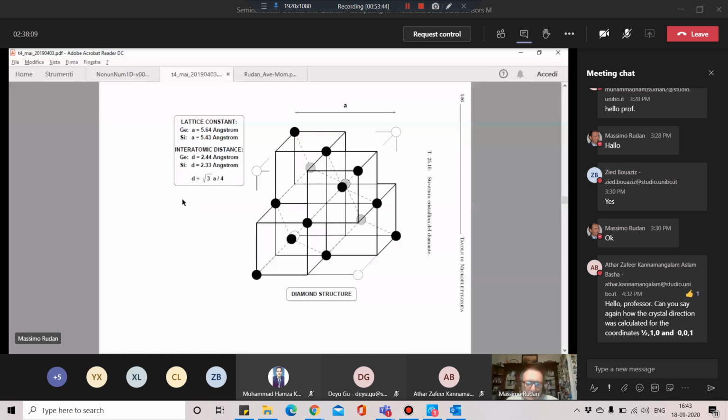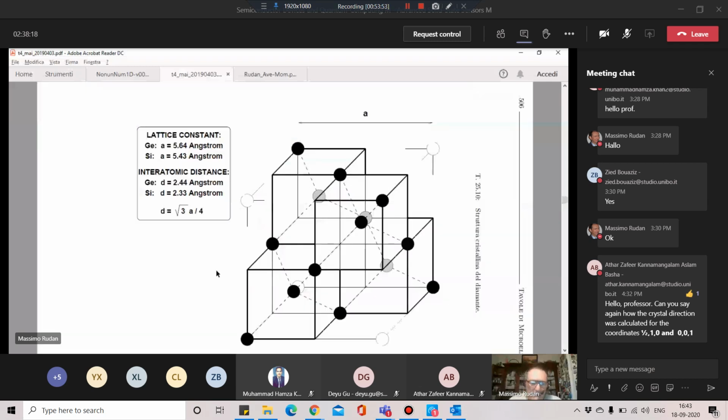Another interesting thing is that you see the lattice constant of silicon in angstrom is 5.43 and that of germanium is 5.64. So these figures show that it is possible to measure distances up to 2 figures in angstrom.